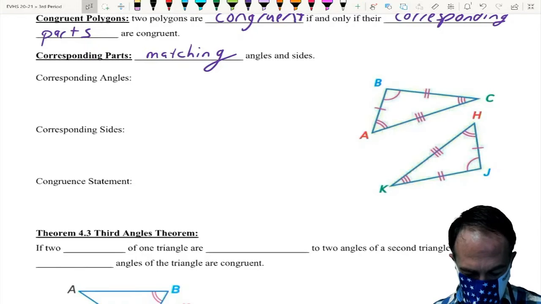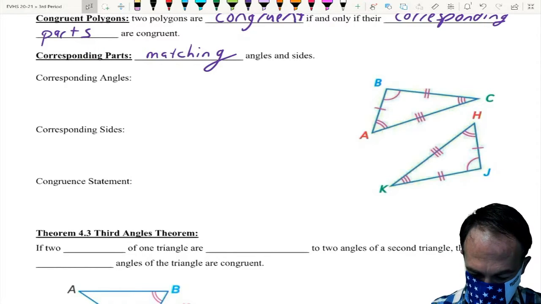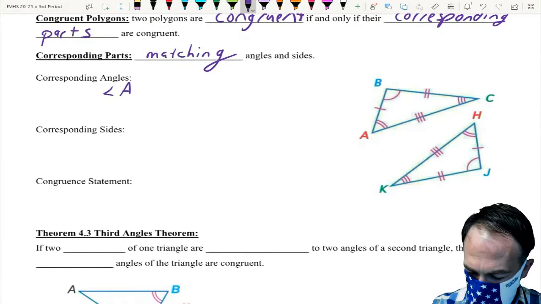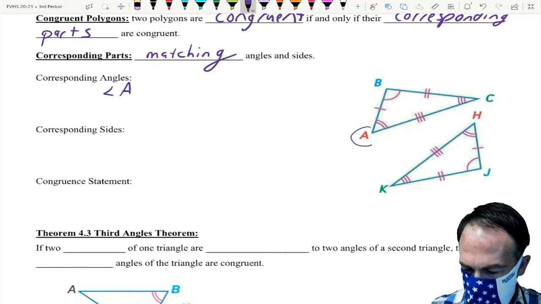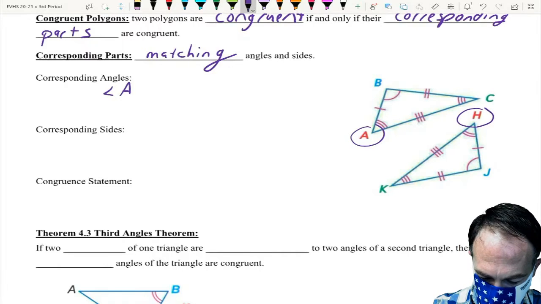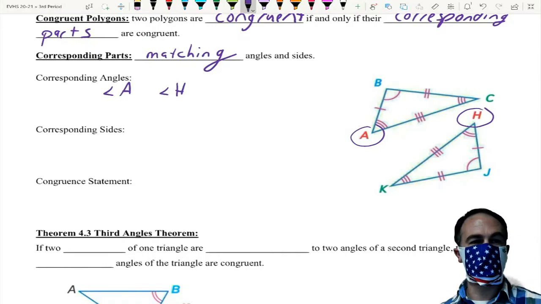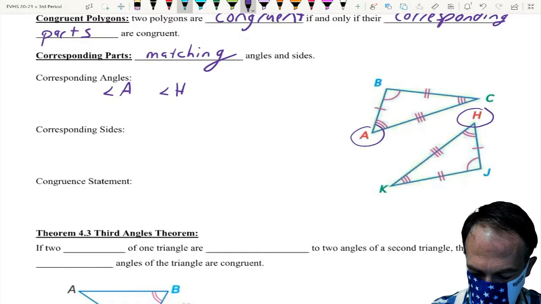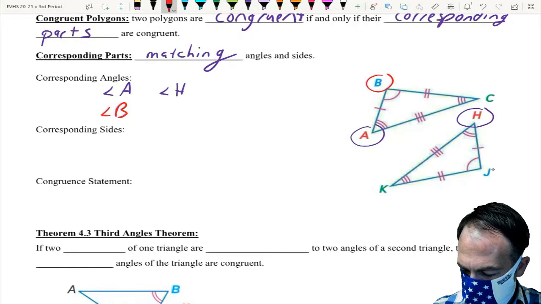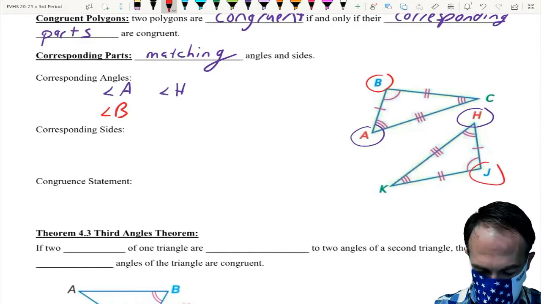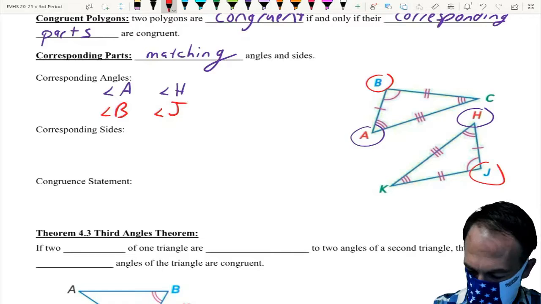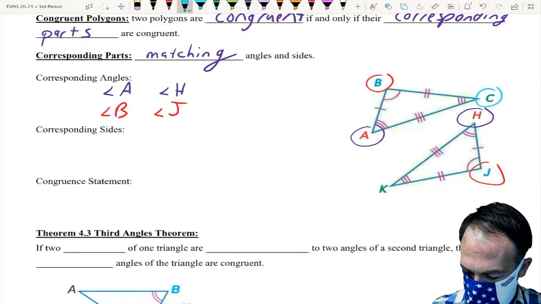So, whenever I start talking about corresponding angles, I'm going to say that angle A, which is my 2 mark angle, is going to correspond over here to angle H, which is also my 2 mark angle. Angle B is going to correspond to the 1 mark angle, which is angle J. And then the third piece is angle C and angle K.